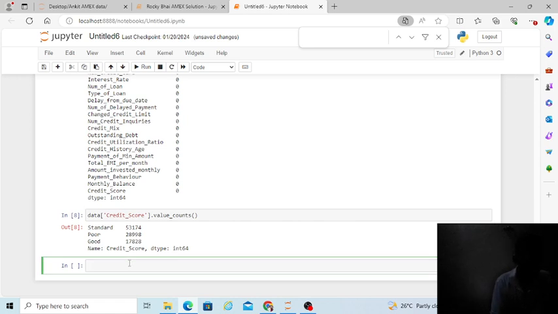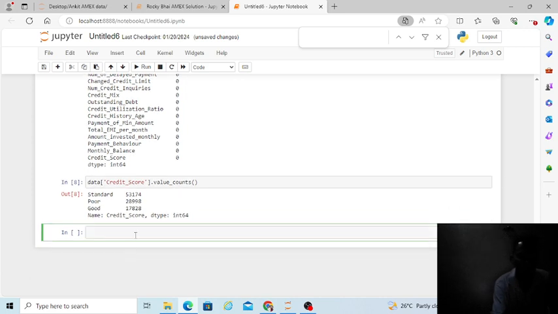First of all, we will apply some exploratory data analysis to understand a little bit about our data. For that I will visualize this. The first step is data visualization.